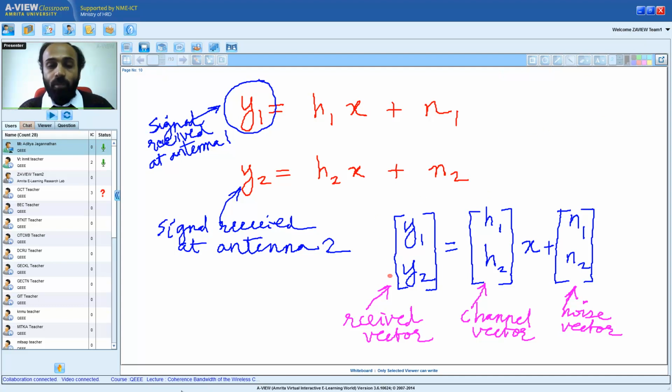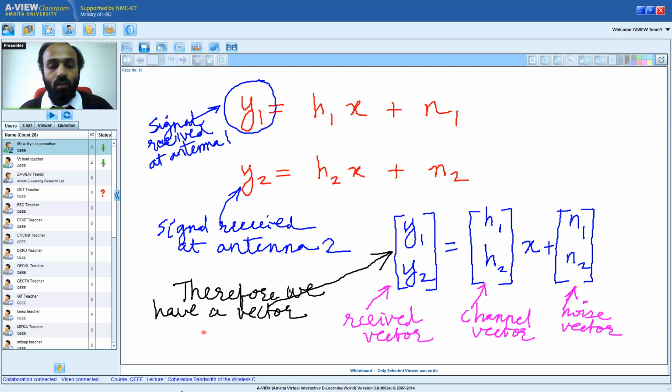Because I have two receive antennas, we have a vector model of the wireless communication system. Why do we have a vector model? Because now I have two receive antennas.